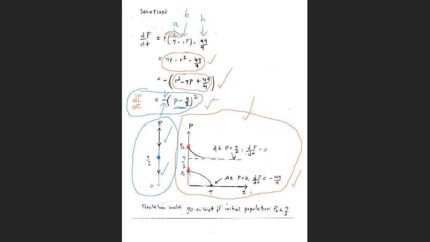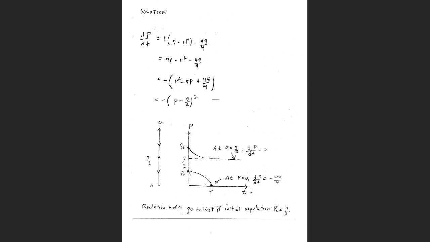Okay, so now, of course, when P equals 7/2, dP/dt equals 0. And so that's why 7/2 is an equilibrium value.